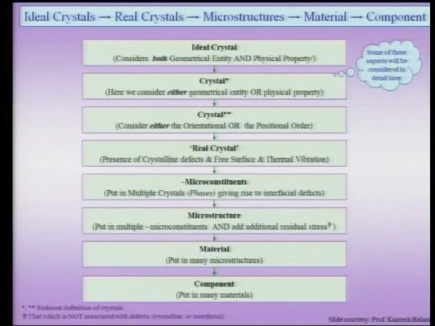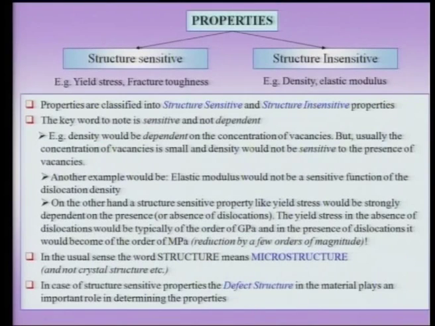So, the important intermediate step is the formation of the real crystal, which is a defected crystal, and the need for us to consider these defects in crystals is their importance with respect to many properties, and especially those properties which we call the structure sensitive properties. And in this context, I had pointed out, when I mean a structure, I typically mean a microstructure.